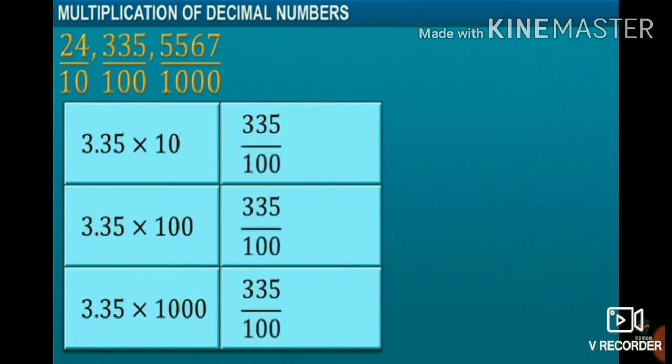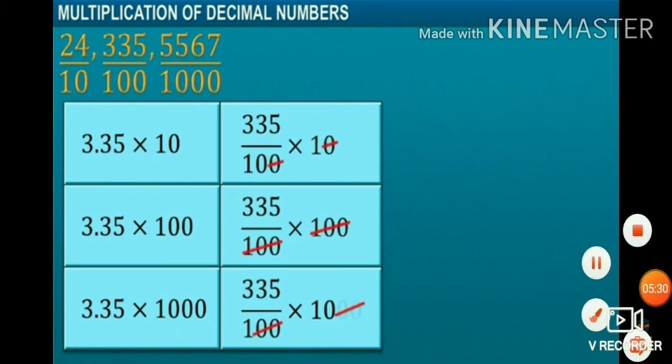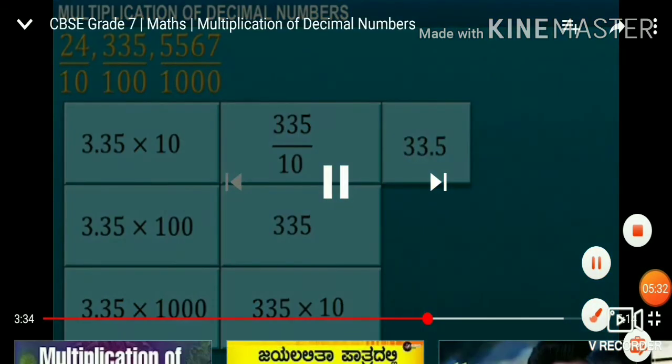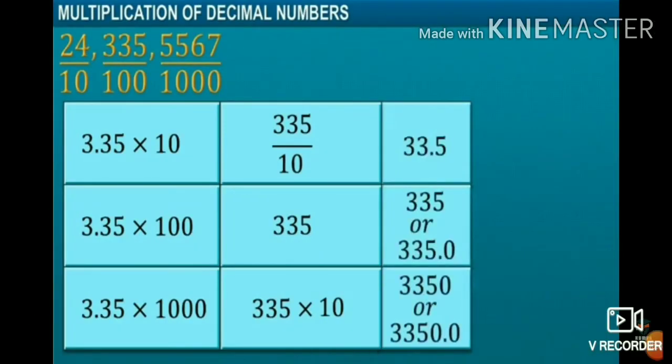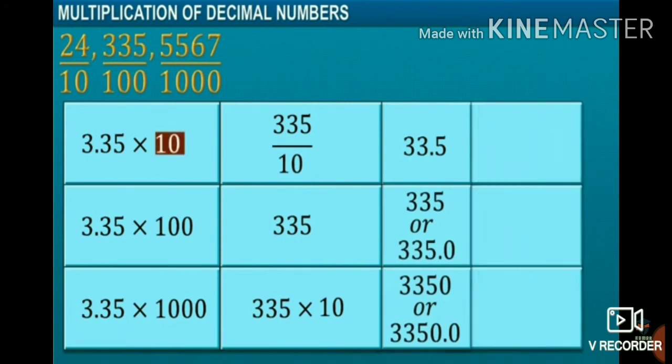These are all helpers to make the decimal into a whole number by multiplying by 10, 100 and 1000. Here you can see how you can convert these decimals, maybe decimal into fraction into decimals.